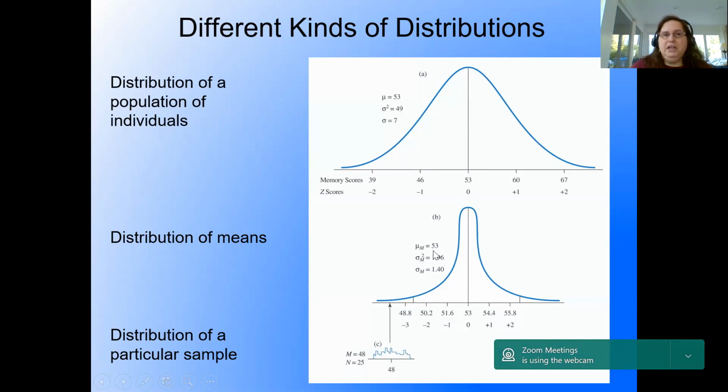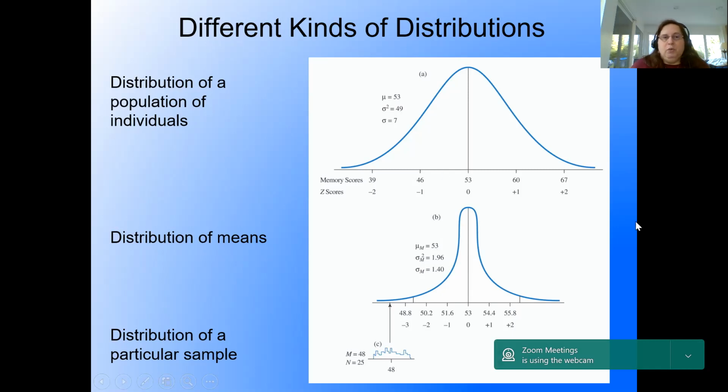Notice the mean is the same for our sampling distribution of means. It's still 53. But here, when we have this funny looking symbol, which is our variance for the sampling distribution of means, it's only 1.96 compared to 49. And the standard deviation of the sampling distribution of means is now 1.40 as compared to 7.